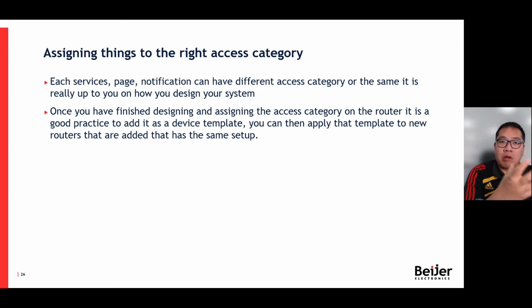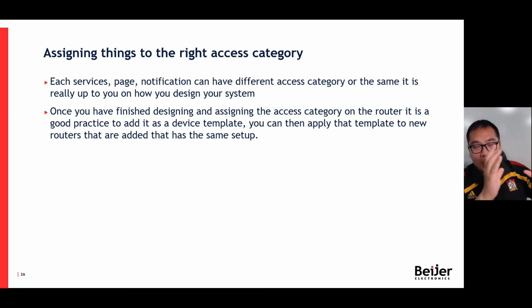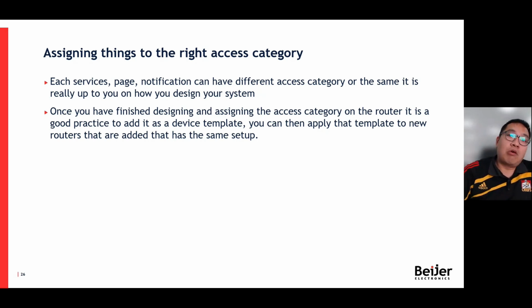So the next time you have a new router added into your system, you can apply this device template to the router, and then it copies all the different access categories for the different services down to this router as well. So you don't have to do it again. It saves you a lot of time when you do that.